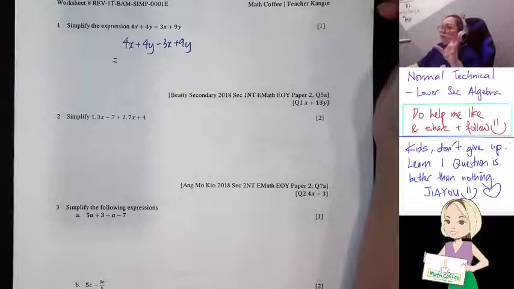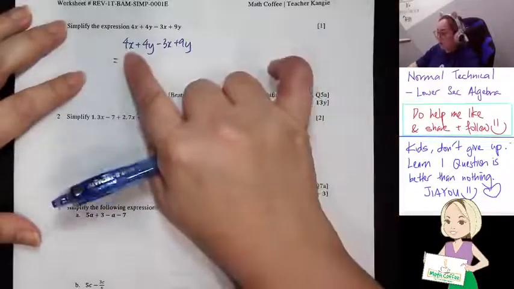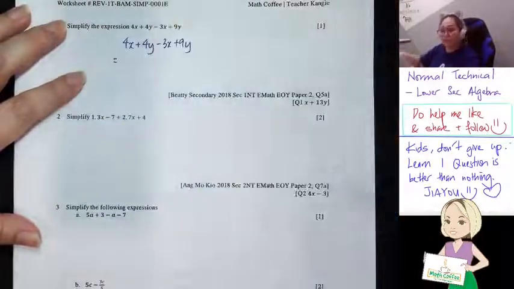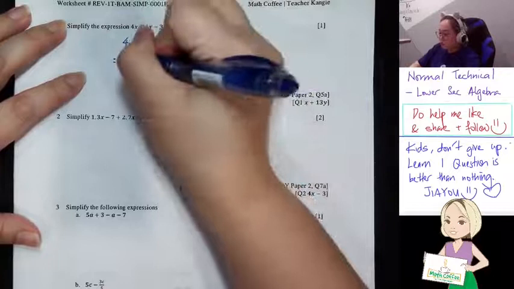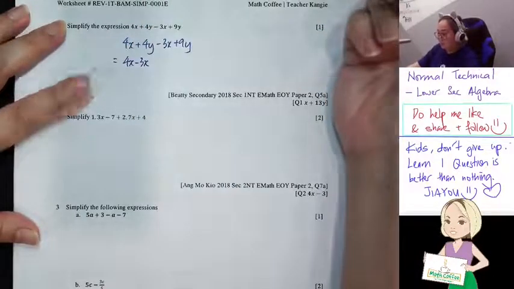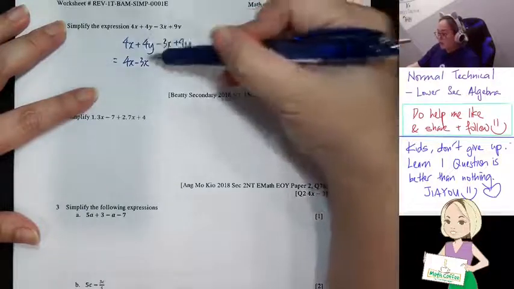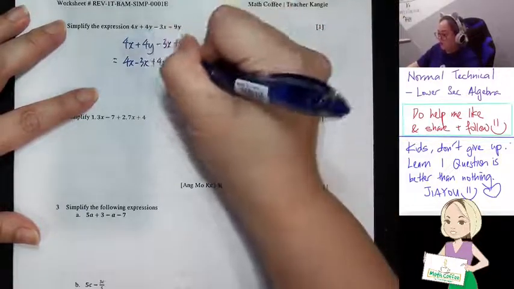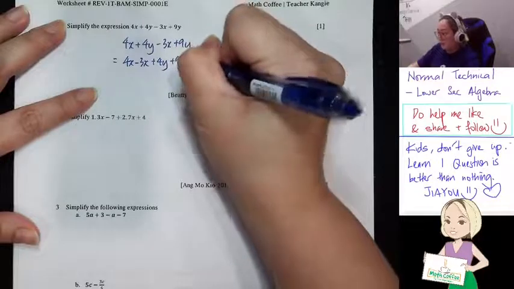It's like you got to group the apples together, oranges together. So let's group 4x and minus 3x. It's like 4 apples minus 3 apples, so you will write 4x minus 3x. Then after that, you will put plus 4y plus 9y.